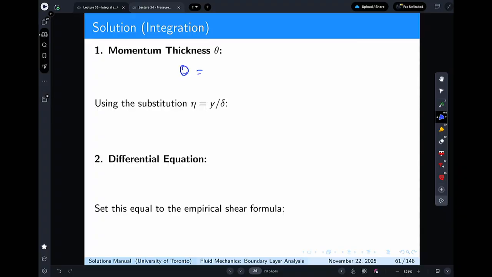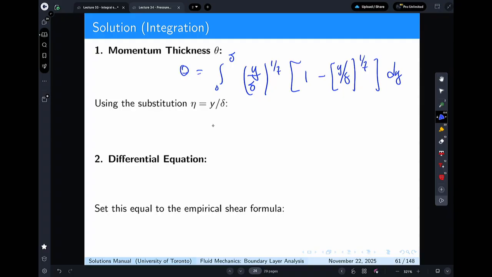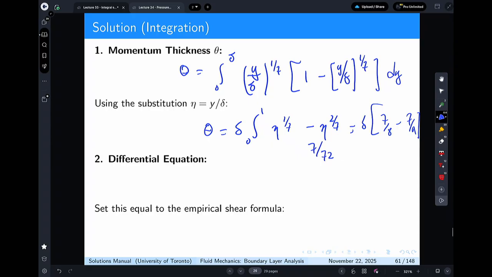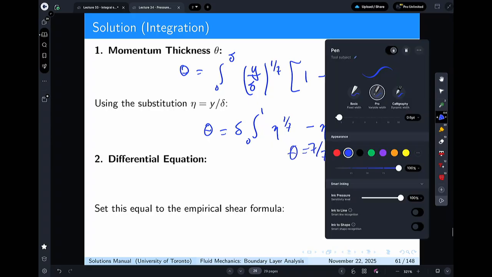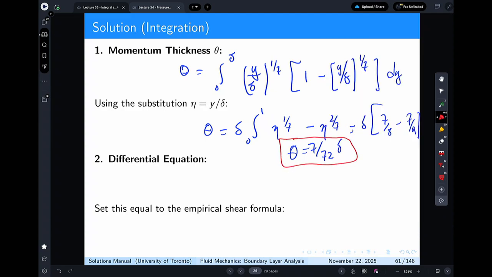So the momentum thickness, and you can calculate from that the momentum thickness, just substituting in with that expression that we started the lecture off with.